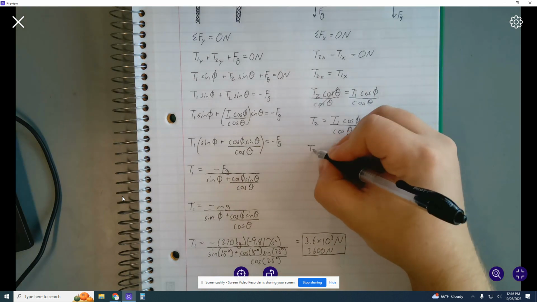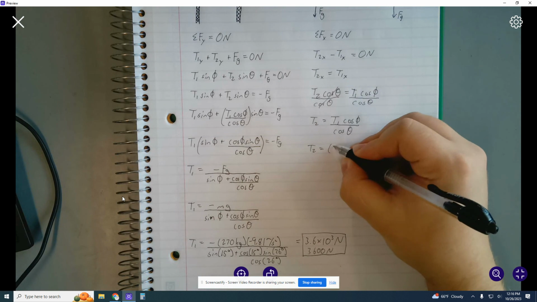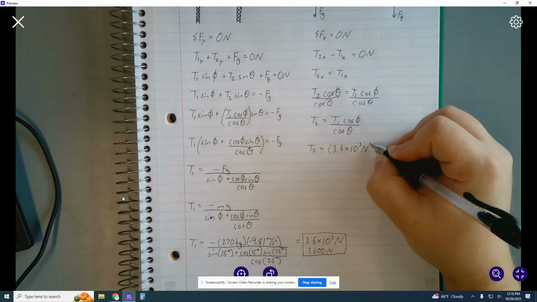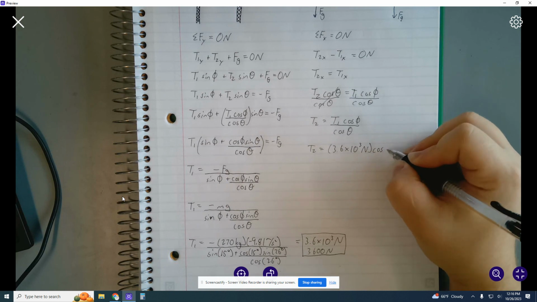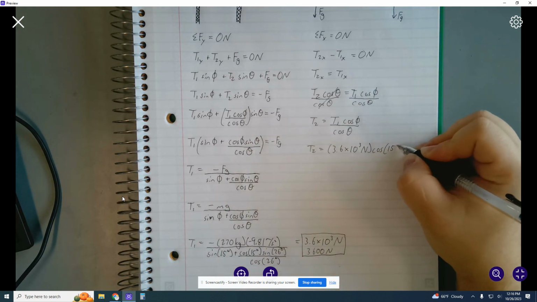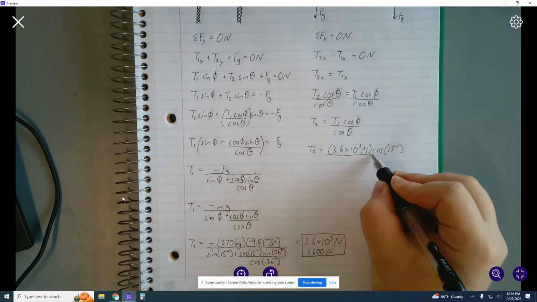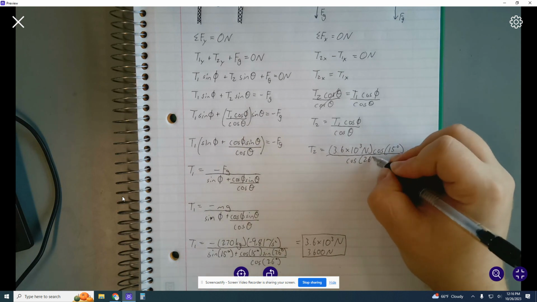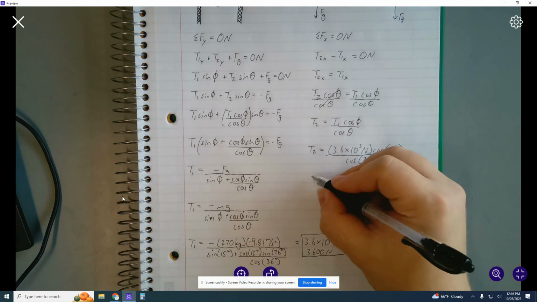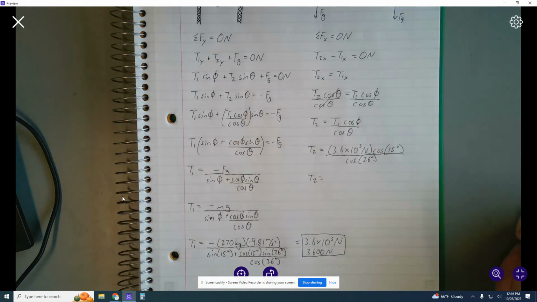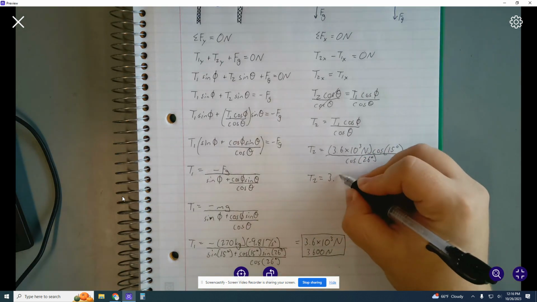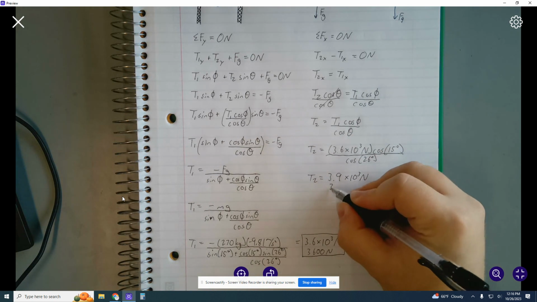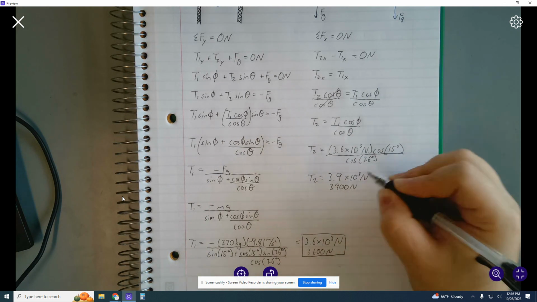So I'll write this as T2 equals 3.6 times 10 to the 3 newtons times cosine of 15 degrees divided by cosine of 26 degrees. And this will get us a value for T2 of 3.9 times 10 to the 3 newtons, or 3,900 newtons.